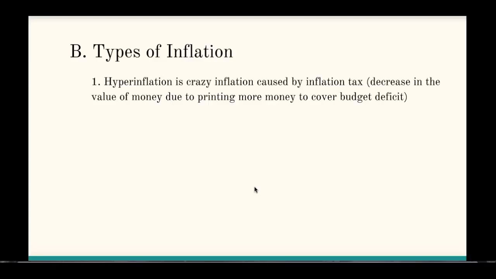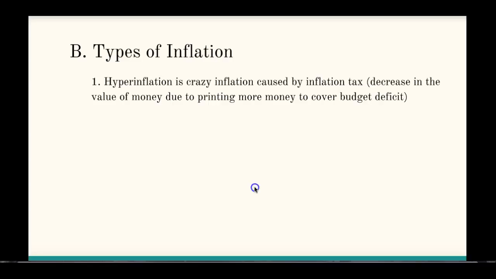So we need to print more money to be able to collect that same amount of revenue. And so then people use it less. And so then we need to print more money to cover the difference, the revenue that we lost because you're not using it. And so we're going to print more money. And it's just this vicious cycle. And that's what happens with hyperinflation.